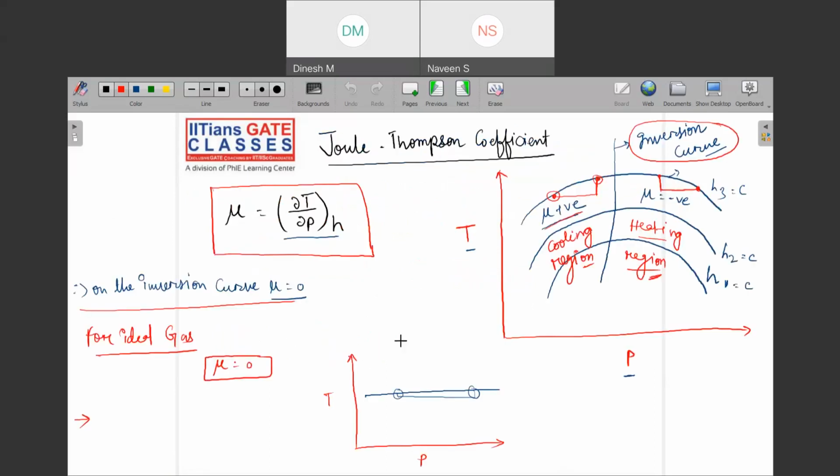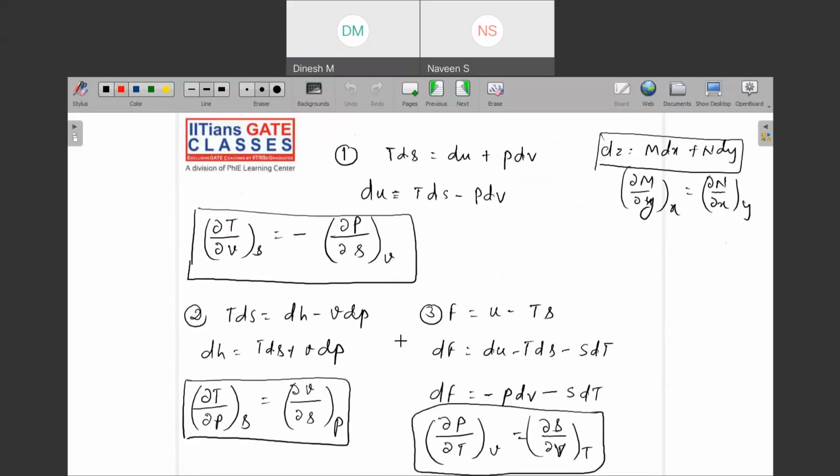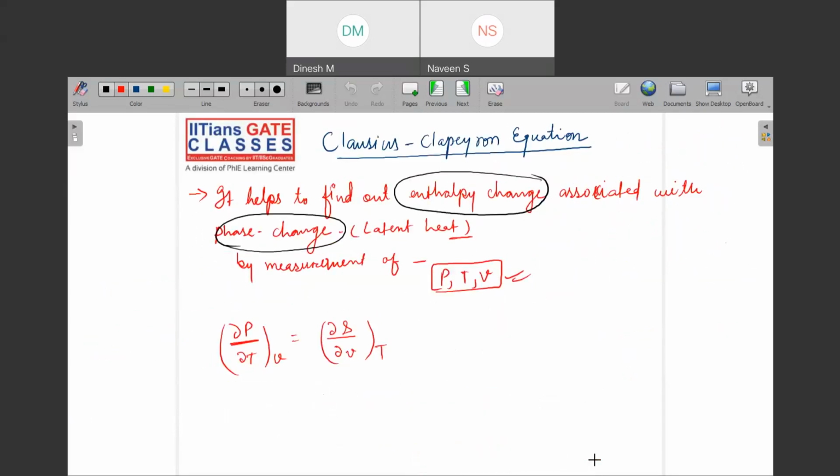Can you identify it here? Your third Maxwell equation. So let us try to understand what I'm trying to say. What is it helping you to find out? Enthalpy change during the phase change.